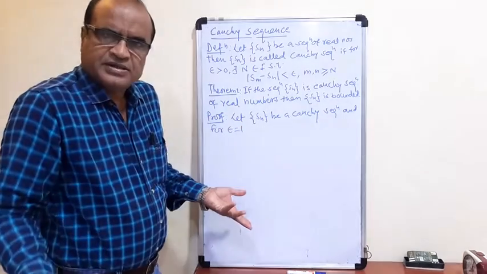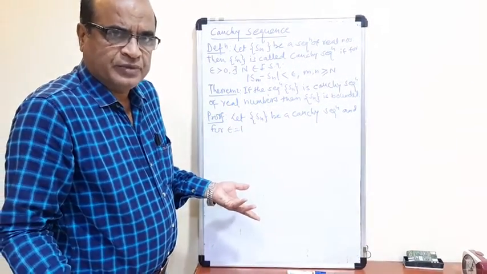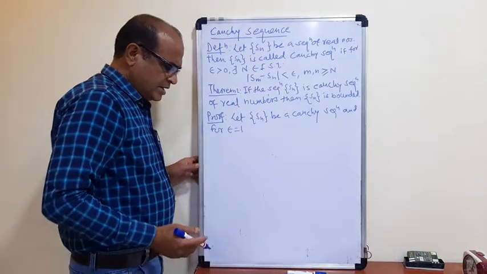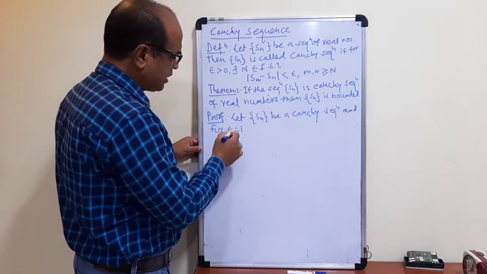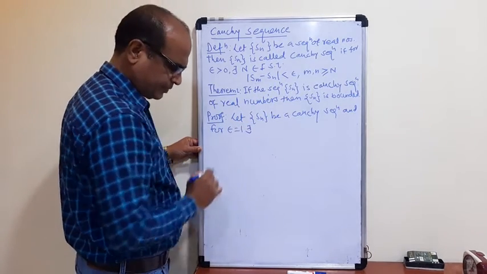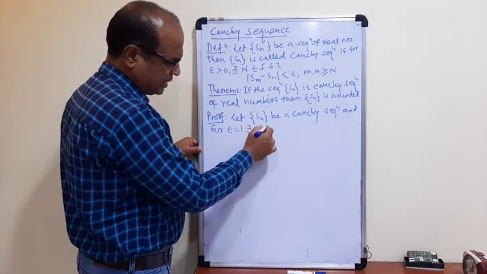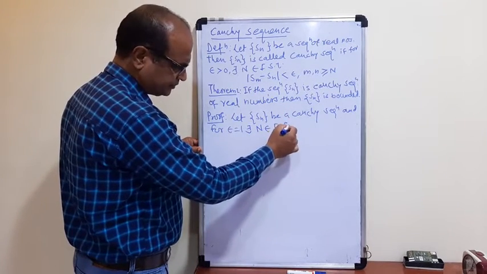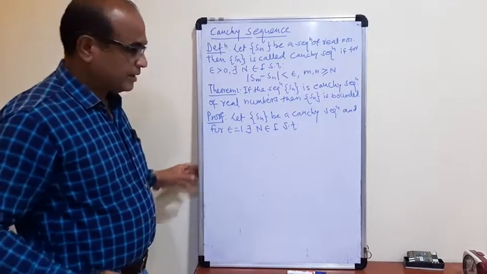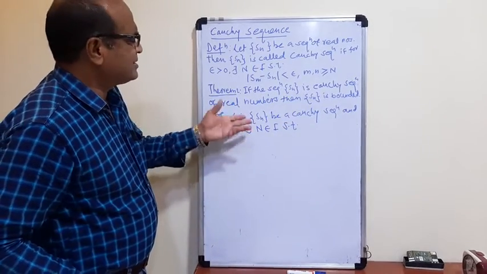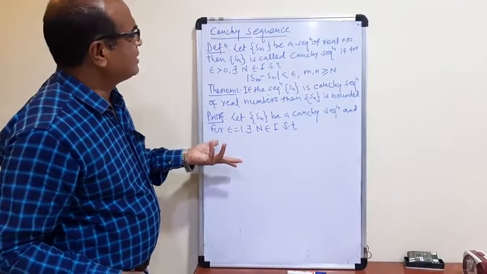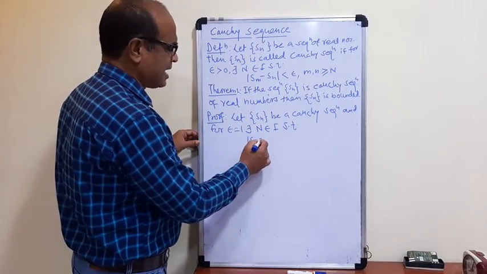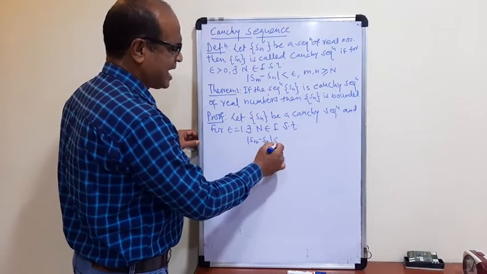This is our choice. For a given epsilon, by our choice we take epsilon equal to 1, no doubt. There exists N, an integer, N belongs to I, where I is the set of integers, such that by definition, since Sn is a Cauchy sequence, mod of Sm minus Sn is less than 1.